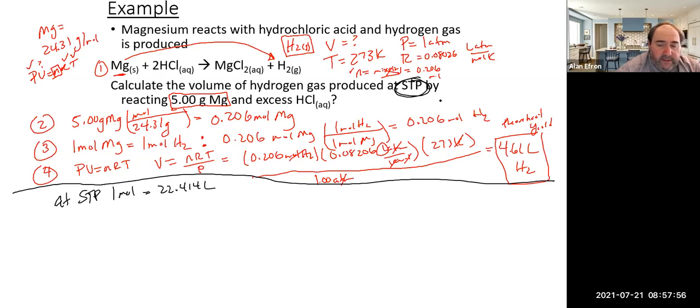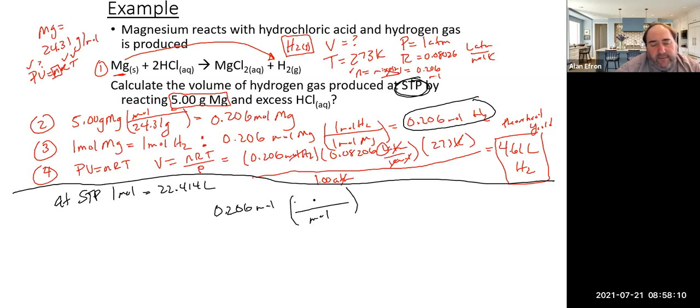That means that we could have, at this point, not used the ideal gas law, and gone 0.206 moles, a mole is 22.414 liters, and we would end up with, with rounding, about the same, about 4.61 liters of H2. Maybe 4.62 if you round it a little bit, but pretty much the exact same answer.